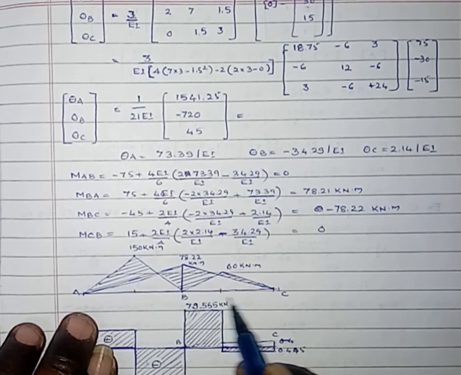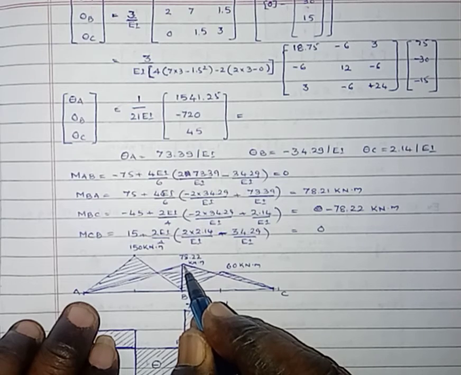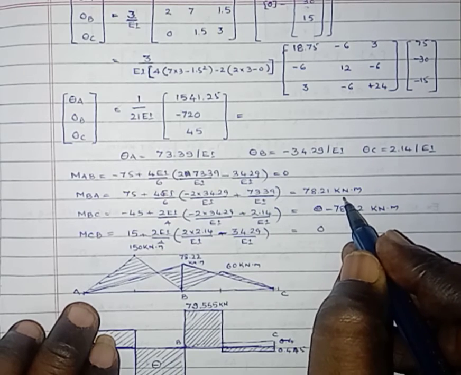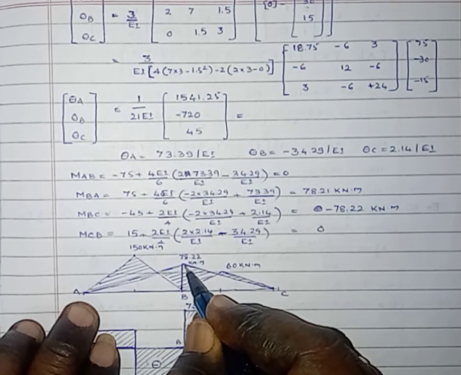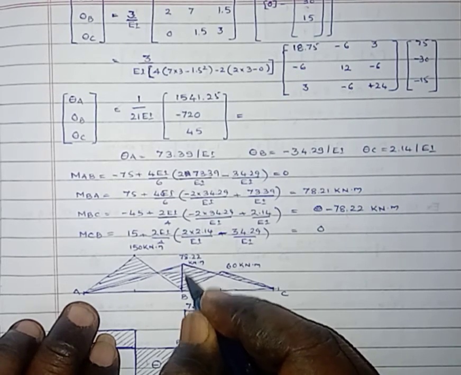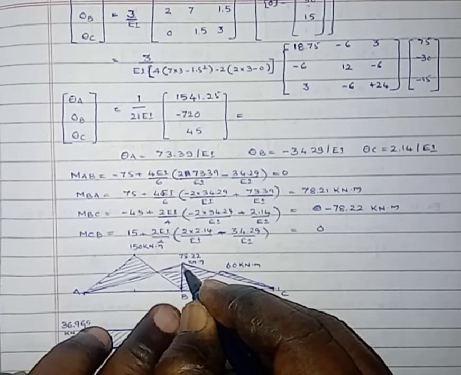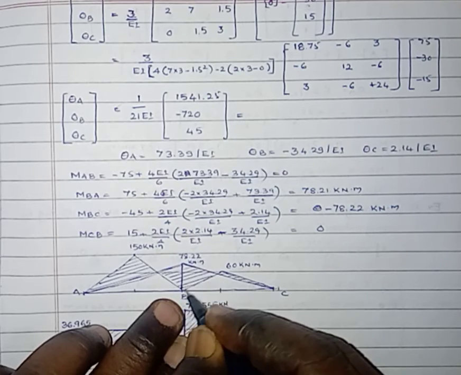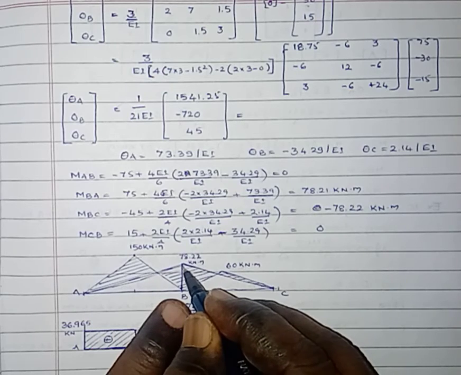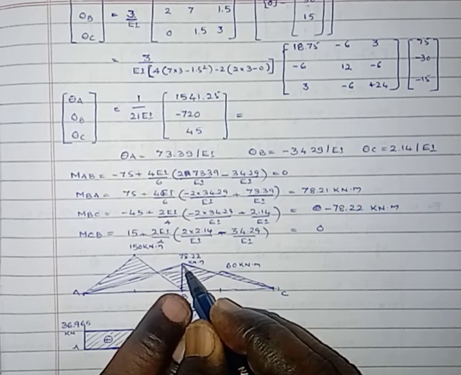First we have to draw the reference line or datum line, and then we can mark an ordinate of 78.22 above the datum line to represent this hogging moment of 78.21 or 78.22. Both are equal, that is 78.22 kilonewton meter. We have represented the hogging moment above the reference line. Here the ordinate is 0, here the ordinate is 78.22. Join these two points by a straight line. The variation is a straight line.